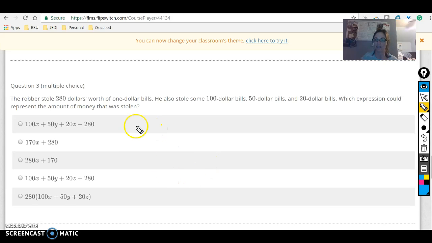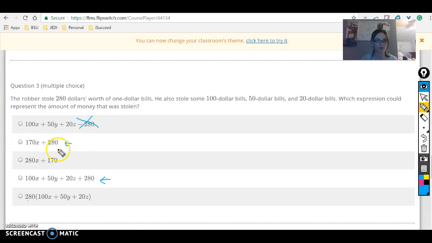280. This one here has me subtracting, and I definitely don't want to subtract. So I can't do this one. I can add 280 here, and I'm adding 280 here. This one's multiplying by 280, which isn't really going to do me any good.